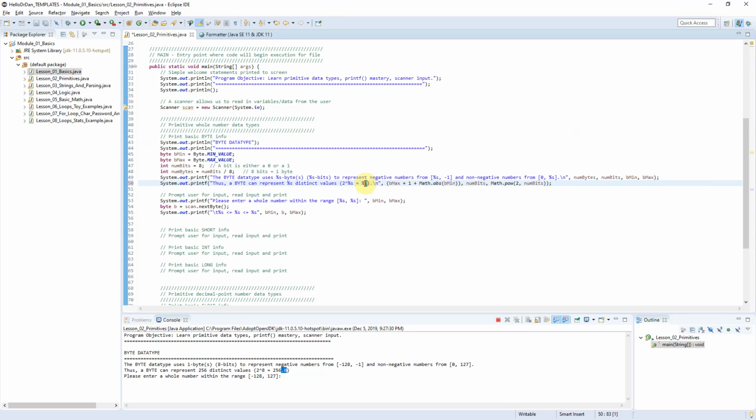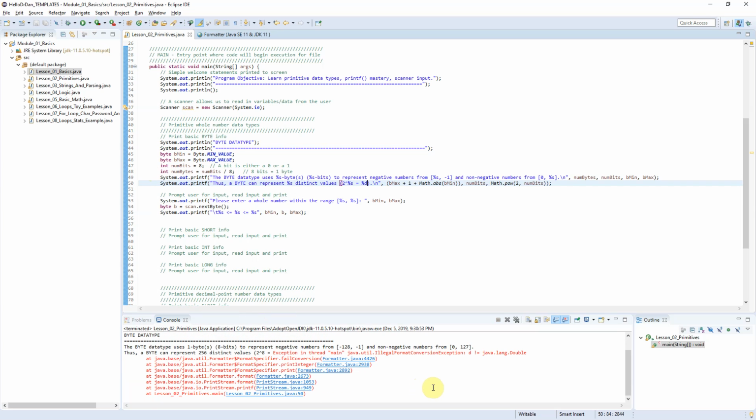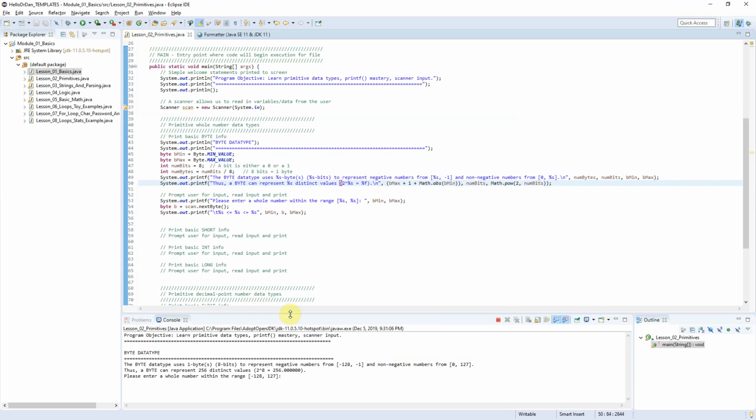So if I try to do %d and format this decimal point number, I think this will actually give me an error. Yeah. It basically says, hey, you're trying to convert this number that has decimal points to a whole number to print it out. So what I need to do is use an f. And this will allow me to print it out.